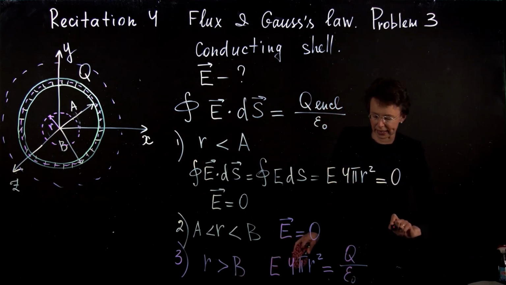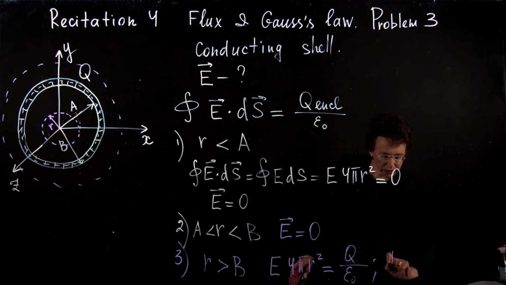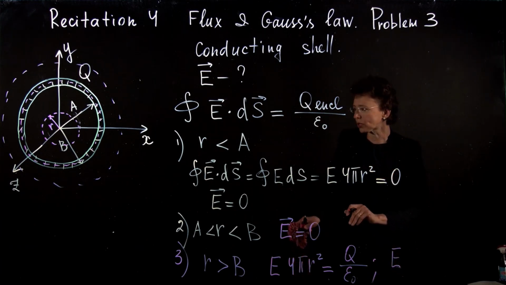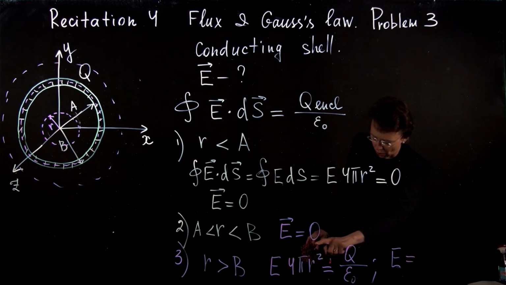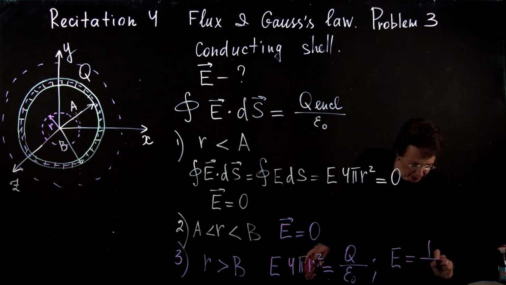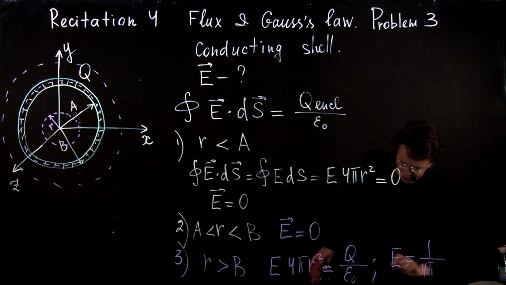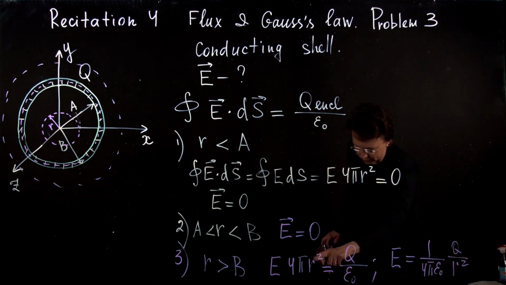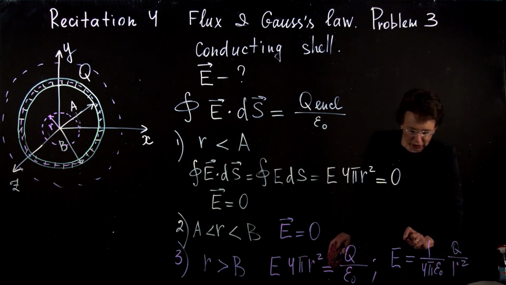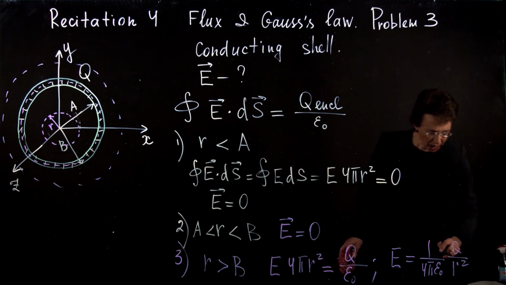So what is the electric field? The electric field outside of the spherical shell is 1 over 4 pi epsilon naught times Q over r squared, and the direction is radially out.